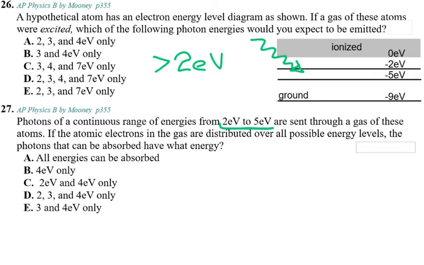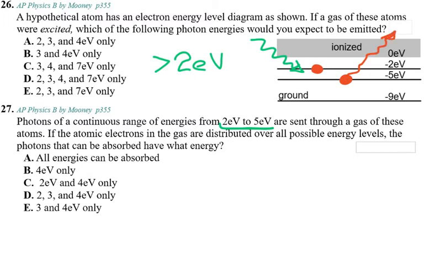So if an electron is right here, it only needs 2 electron volts. If the electron is right here, it needs 5 electron volts. Only 5 electron volts would eject this electron or ionize this electron; the lower energy will not.